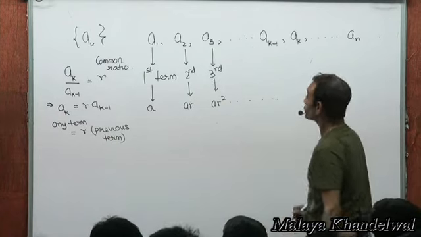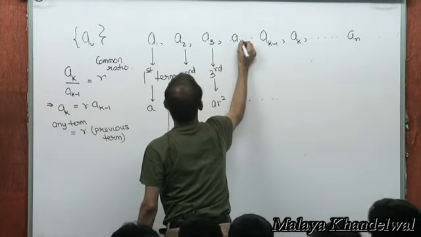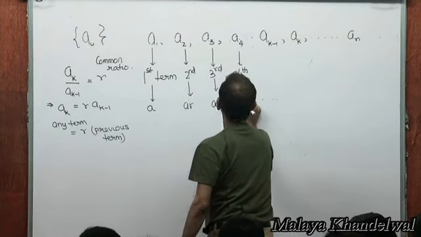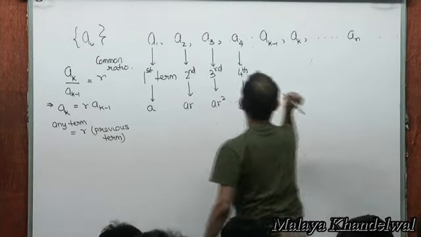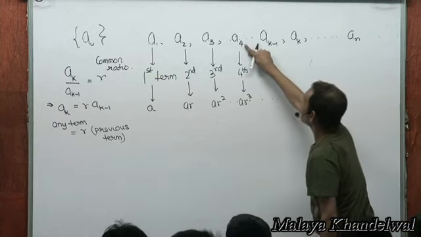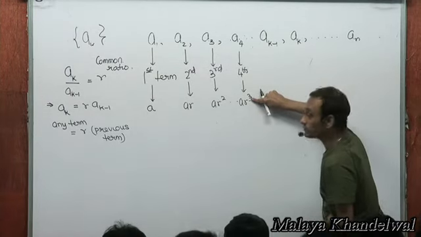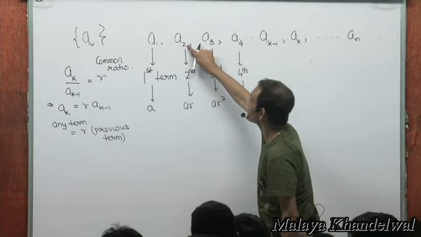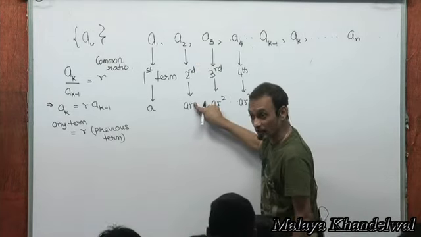Yes or no? The fourth term would be AR cubed. Fourth term, the power is 4 minus 1. Third term, this power is 3 minus 1. Second term, the power is 2 minus 1.